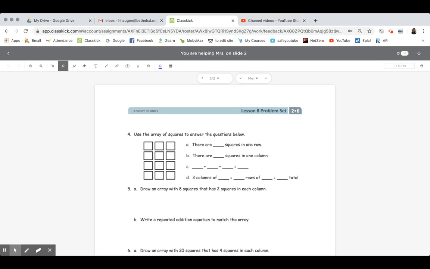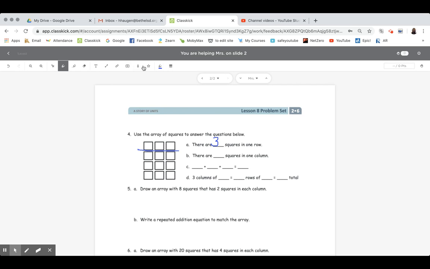Boys and girls, let's look at the next page here, and we're going to do one more together. Number 4 says, use the array of squares to answer the questions below. So again, we're looking at this array, and we'll answer the questions here. A says, there are blank squares in one row. Well, again, rows go sideways, so I can see there are 3 squares in one row.